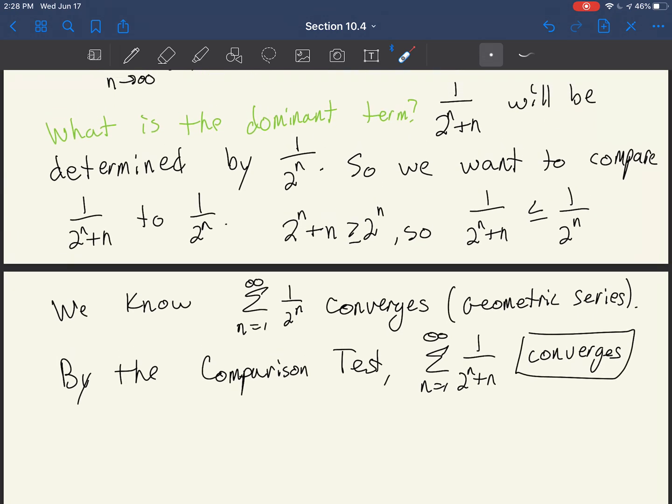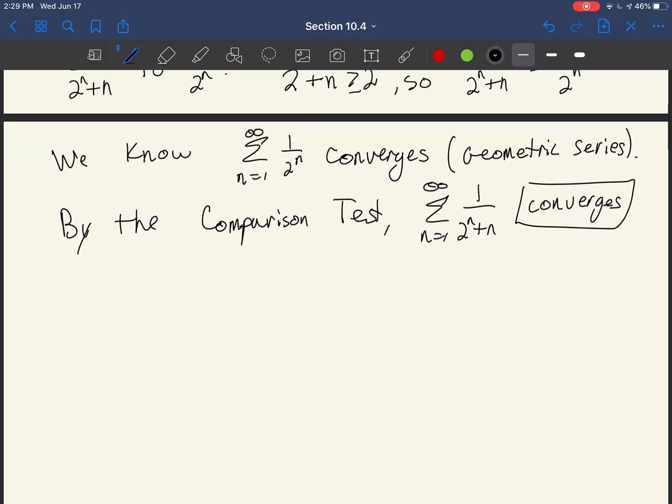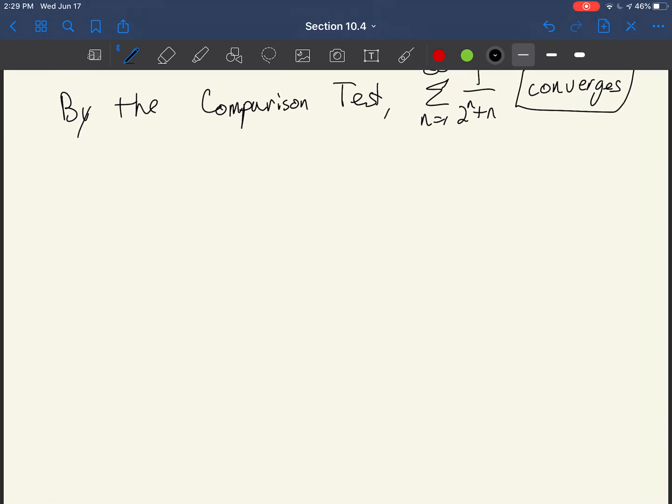So the general strategy for using a comparison test is you try to answer what is the dominant term here. If you figure out what the dominant term is, and then your inequality behaves correctly, then you should be able to use the comparison test.